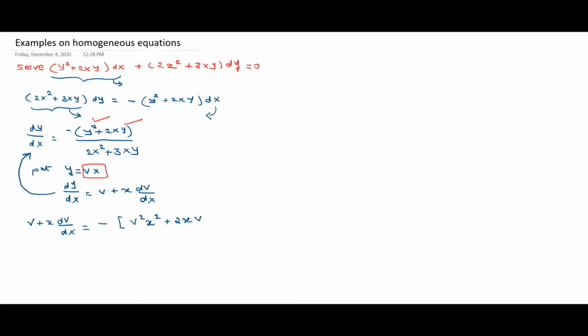So this is v, x into x is equal to x square, divided by, in the denominator, first one is 2x square, write as it is, plus next term is 3x and substitute the value for this y. And if you substitute the value for y is equal to vx, that is vx, x into x is equal to x square. Now here you can take x square common in numerator as well as in denominator.